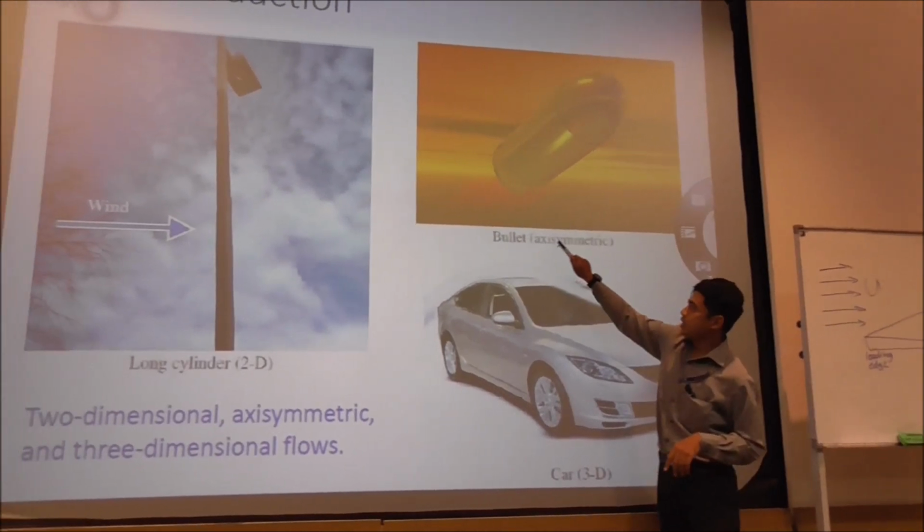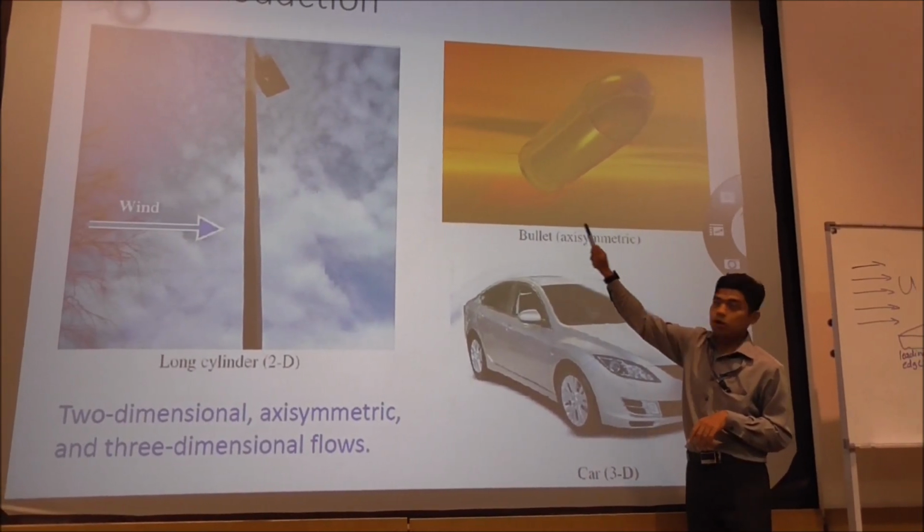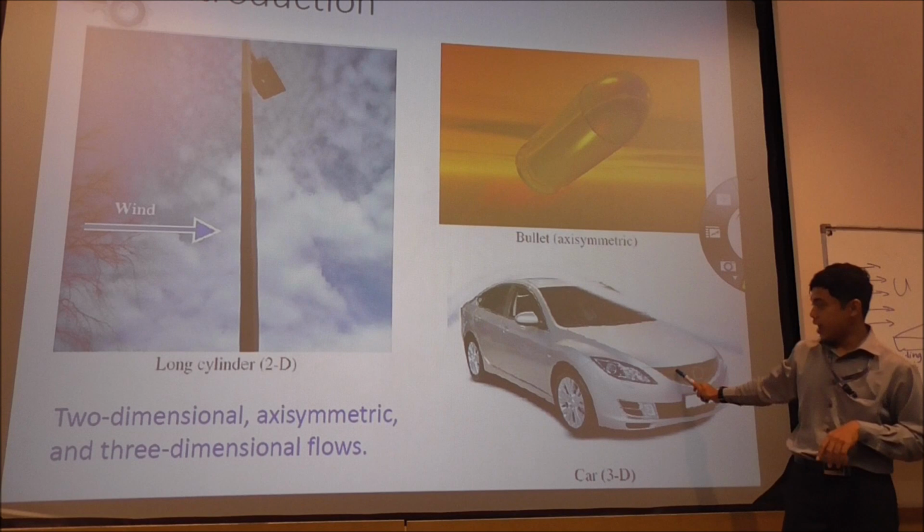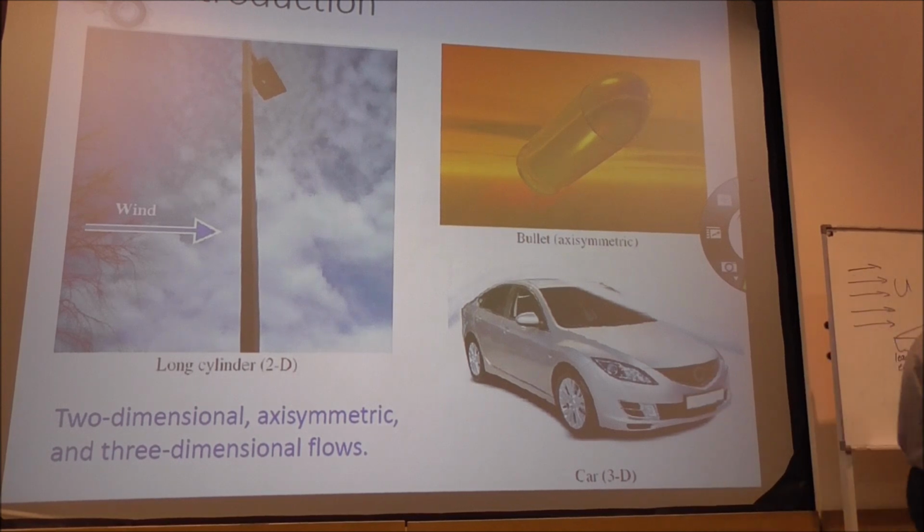You can have an axisymmetric problem, which is also 2D, and you can have a 3D problem. Of course, as much as possible, I would like to have this. If possible, in my life, I just want to have a 2D rather than 3D. Okay, if I cannot have a 2D, at least I can get the axisymmetric 2D. If not, then no choice, you need to go for the 3D.